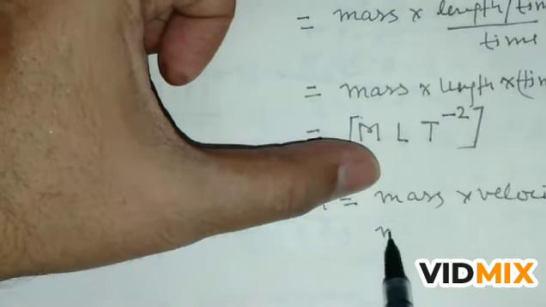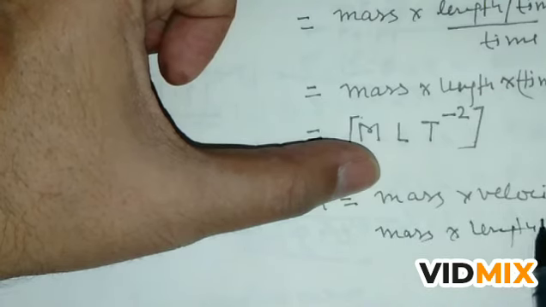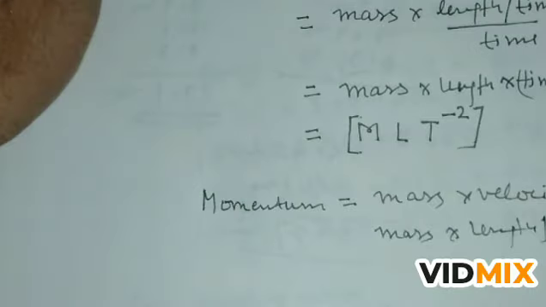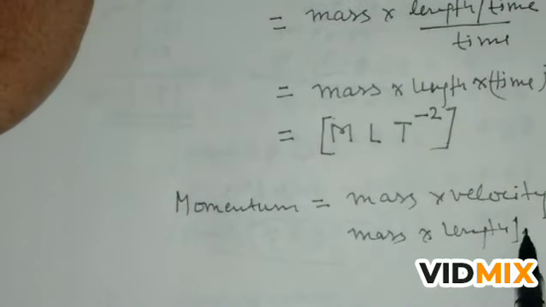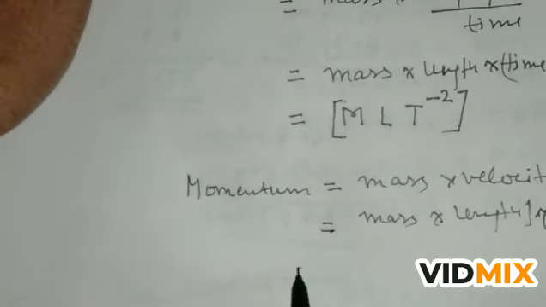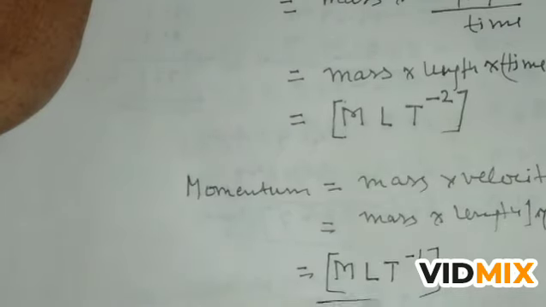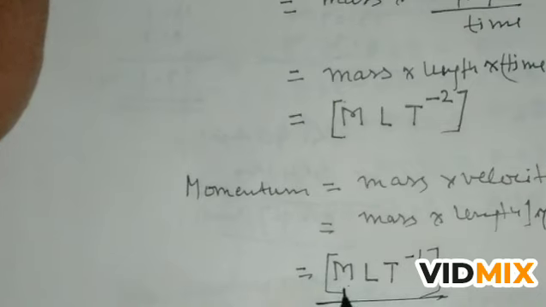So mass and velocity can be written as length per unit time, and mass can be represented as M, and length can be represented as L, and per unit time, so T to the power minus 1. This is the dimension of momentum.